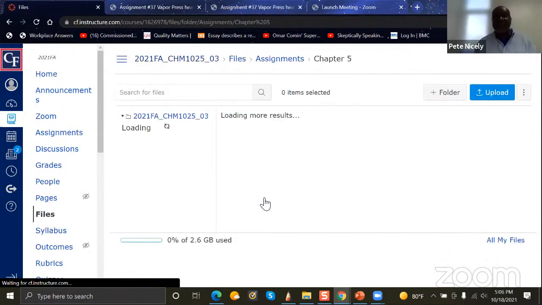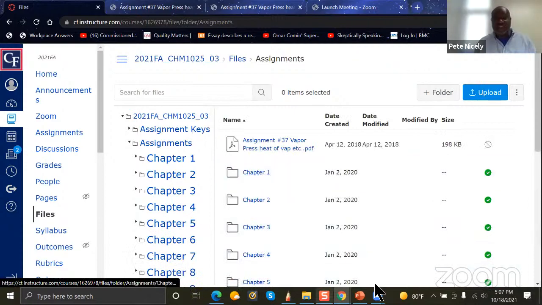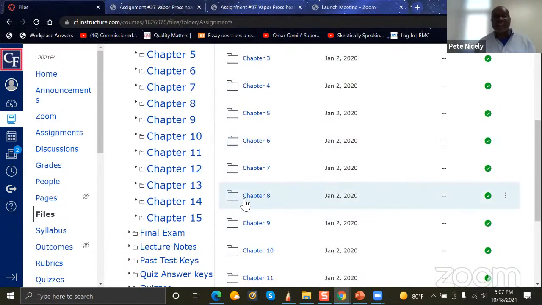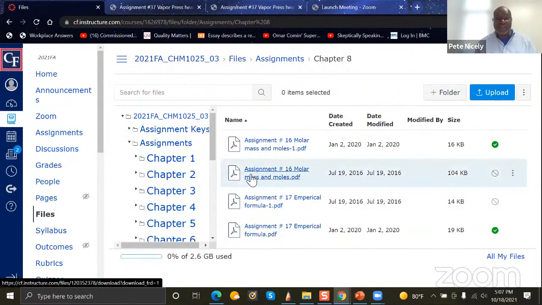Let me just check here. Right, chapter 5 to chapter 8. The corresponding assignments will be assignments 8 through 17. All right. So that's basically what your test is based on.